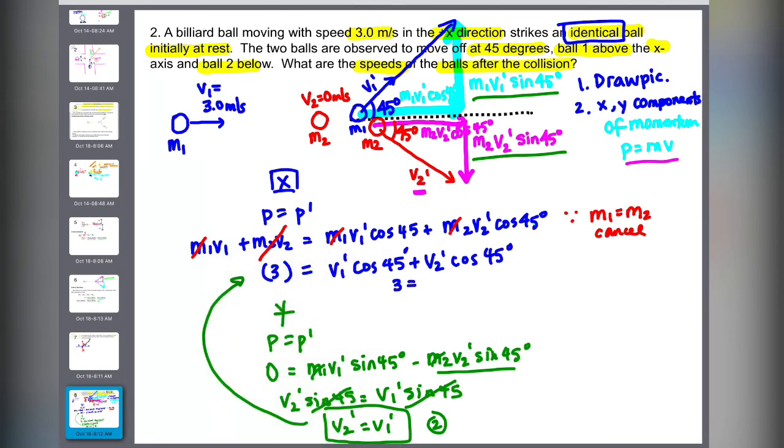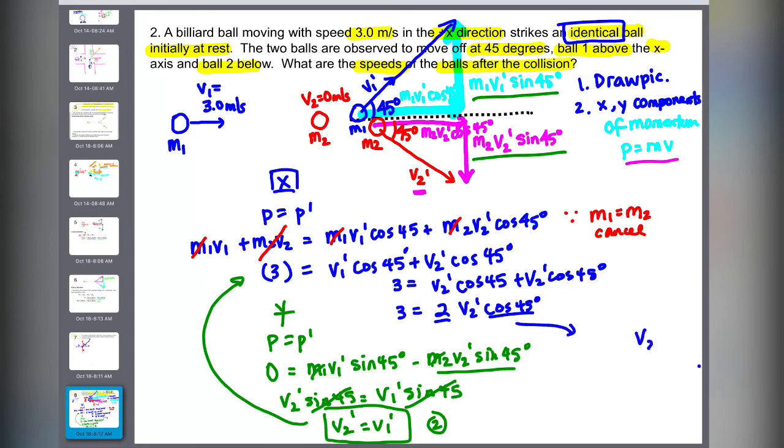Okay, so keep going in here. Let's change it to blue. So 3 equals, instead of v1, I'm going to say v2 prime cos of 45 plus v2 prime cos of 45. Collect your like terms. So I have 3 equals 2 v2 prime cos 45. So to get v2 on its own, I'm going to divide both sides by 2 cos 45.